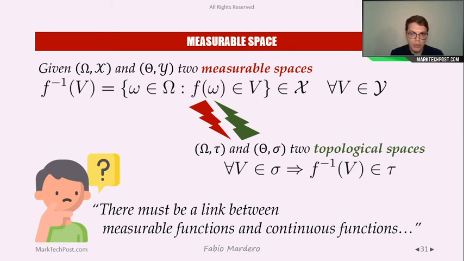Again, there should be some link between the measurable functions and the topological definition of continuity inside the topological spaces. In fact, you can see that the two definitions are very similar.